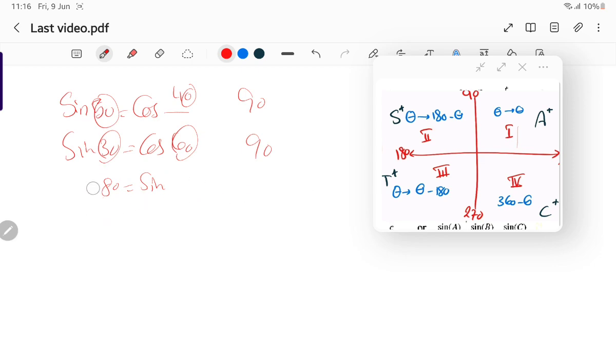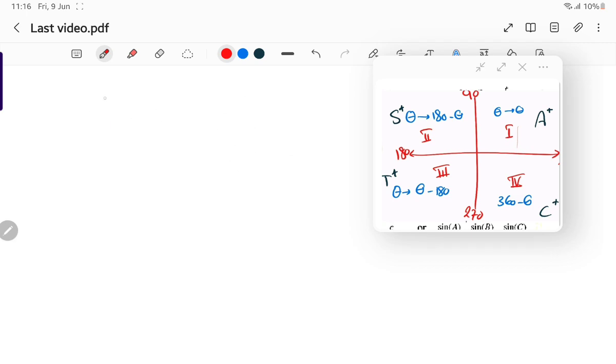The second one is called the reference angle. For example, sine 210. You look at this: 210 is in the third quadrant, and the rule for the third quadrant is theta minus 180.